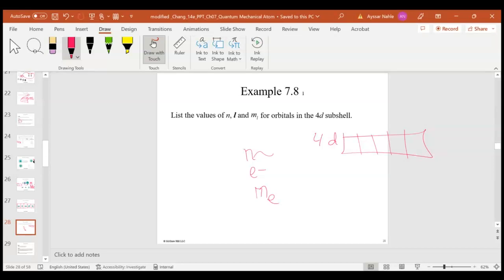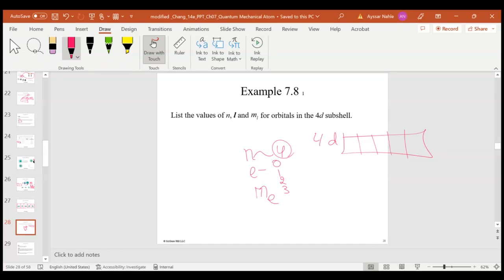N equal to how much? N equal to 4, that's for sure. L will be how much? From 0 to 3. 0, 1, 2, and wait a minute. L goes from 0 to n minus 1, from 0 to 3.